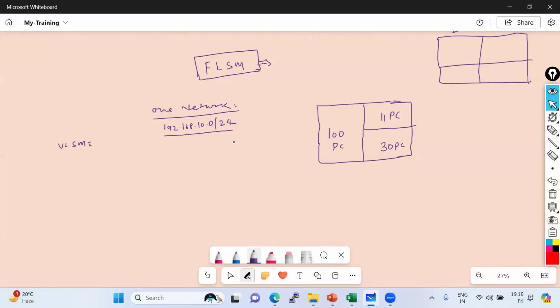Now you have to figure out how I can do the division so that one office can get 100 IP addresses and the other two can get 11 or 30 IP addresses. How is it possible? You don't know, right? So first, you have to divide the network into 2 parts.